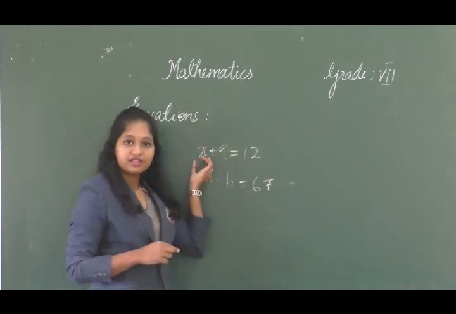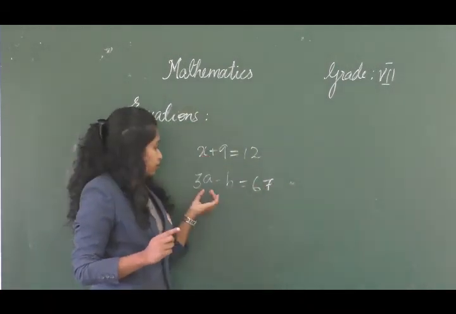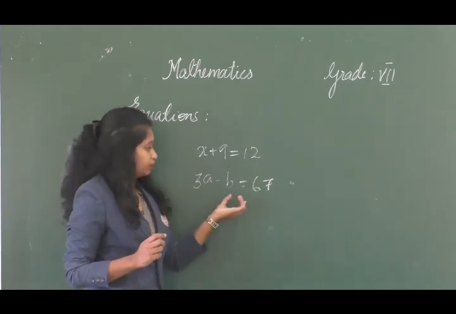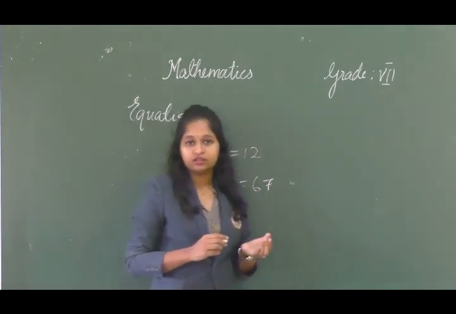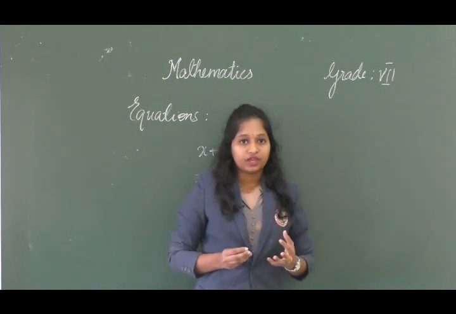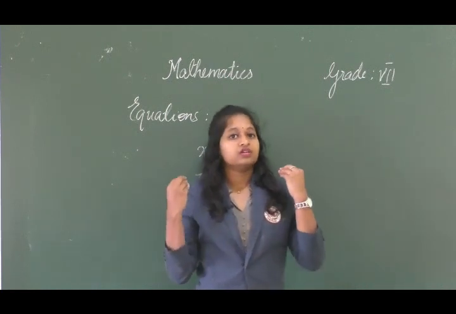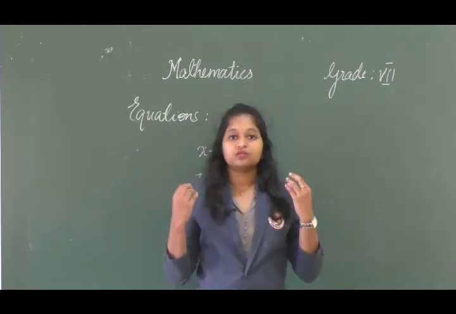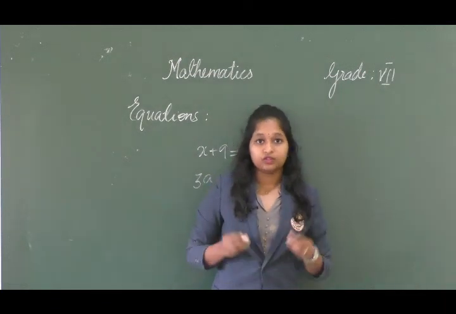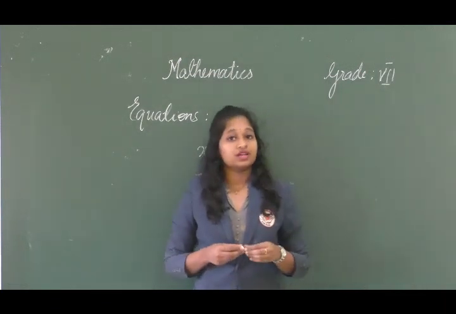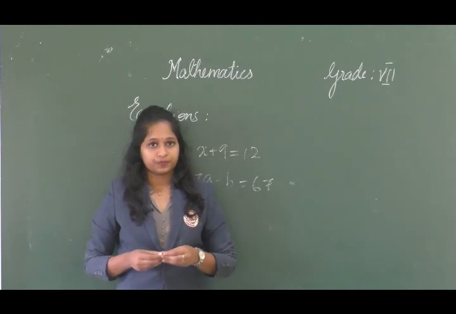What is the power of x? It's 1. Power of a, 1. Power of b, 1. So the equations with the degree 1 are called linear equations.